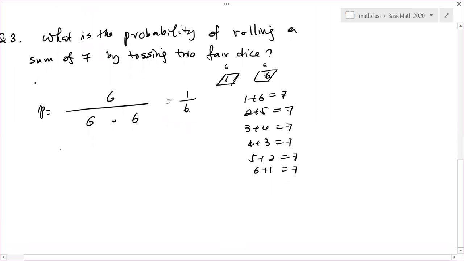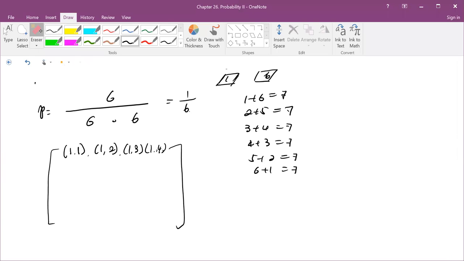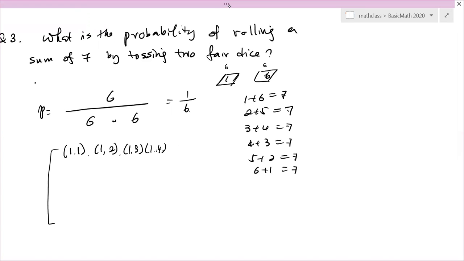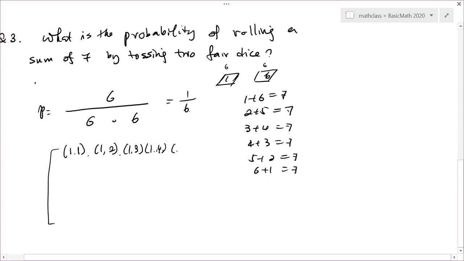Okay, you can also look at the matrix. If you look at the matrix, the first number is 1, second number is 1. The first number is 1, second number is 2. The first number is 1, the second number is 3. 1 and 4. I don't have enough space, so let's erase this. So you can list all of them if you want. And then the last ones will be 6 and 1, 6 and 2, up to 6 and 6.